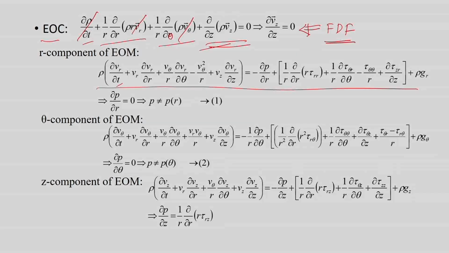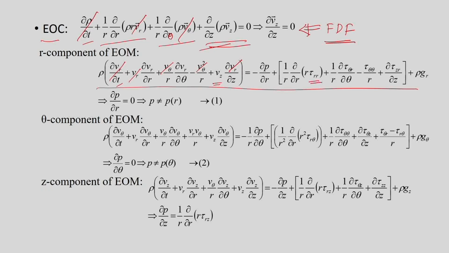Now we apply the assumptions we have listed previously. Steady state problem, so the first term is 0. Vr is not existing, V theta is not existing, so these terms are 0. Vz is existing, but dou Vr is not, and dou by dou z of any flow property is 0 because of the fully developed conditions. Pressure we do not know anything.